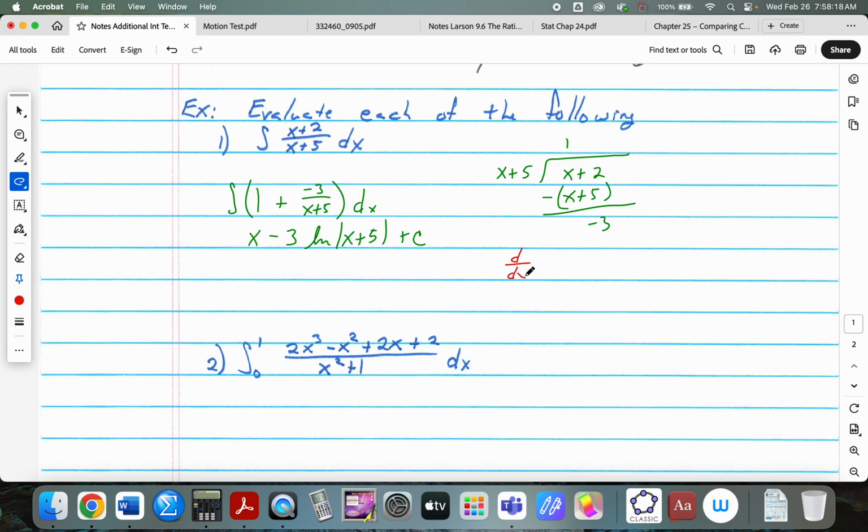So you don't need to copy this at all, but if you take the derivative with respect to x of x minus 3 natural log absolute value of x plus 5 plus a constant, we're going to get 1 minus 3 over x plus 5 plus 0, which is x plus 5 over x plus 5 minus 3 over x plus 5, which indeed is x plus 2 over x plus 5.